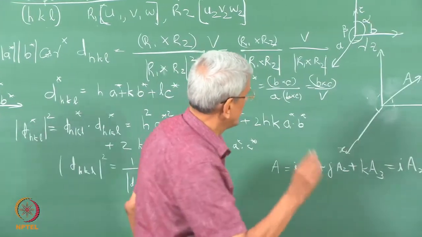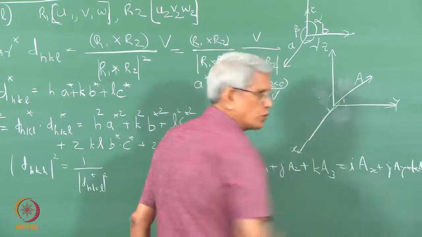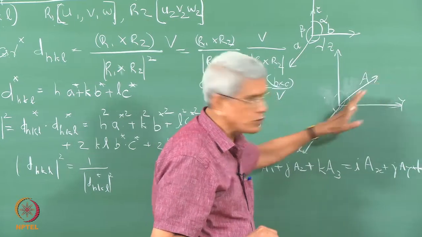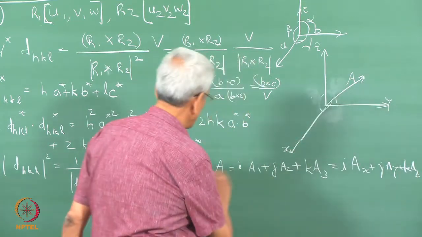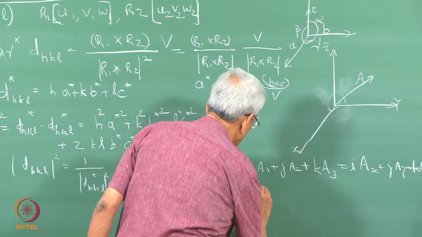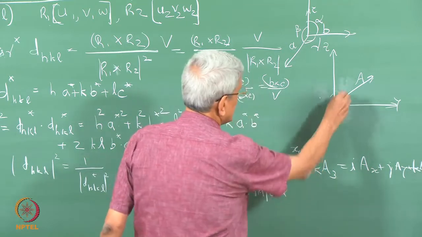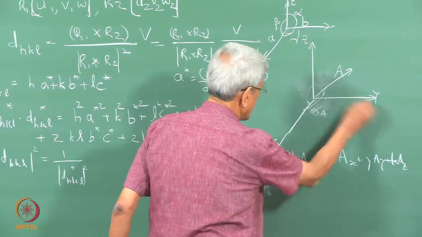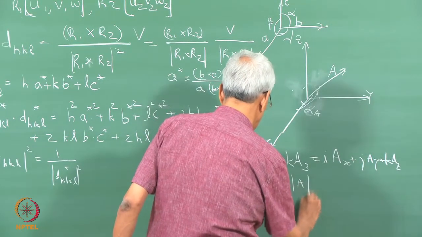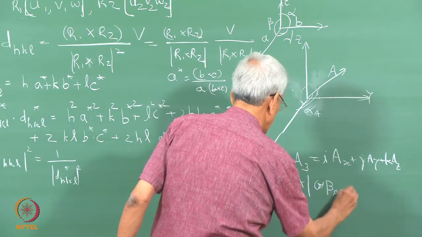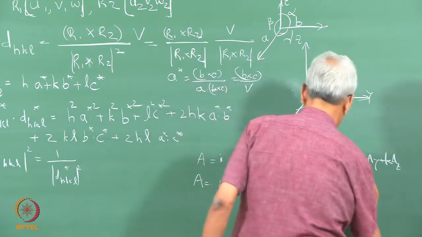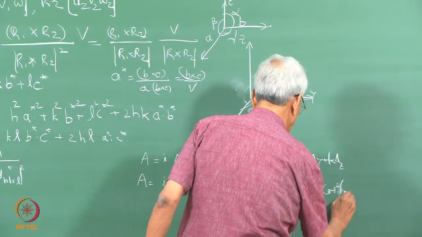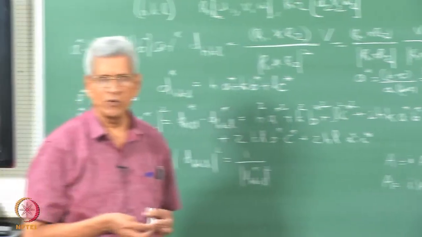The other way in which we can do it is to find the projection, the angle which it makes with respect to the axes, and find the magnitude of A. Then A can be written as i into modulus of A into cos alpha A, where alpha A is the angle it makes with the x axis; with respect to the y axis, j into modulus of A into cos beta A; plus k into modulus of A into cos gamma A. There are many ways in which these vectors could be represented.